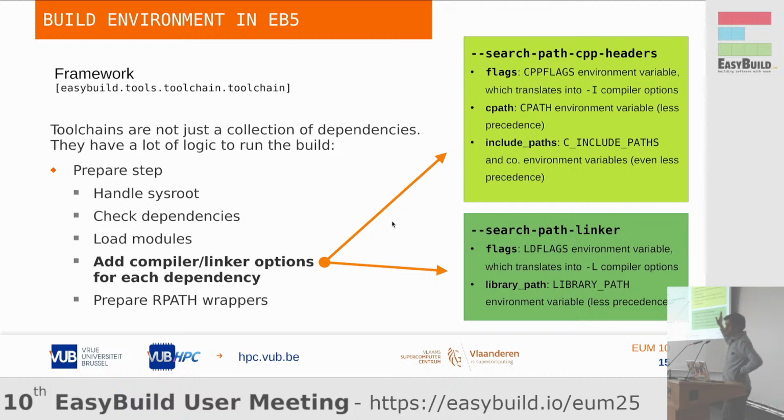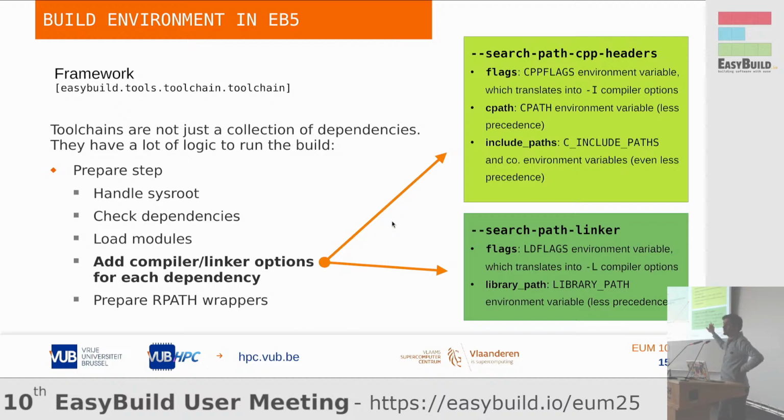And that affects the header files. So that translates into the -I options in GCC, which has the top precedence on how headers are injected into the compilation. So anything that goes there goes first, and then the compiler will check CPATH, and then afterwards there's C include paths and other stuff.